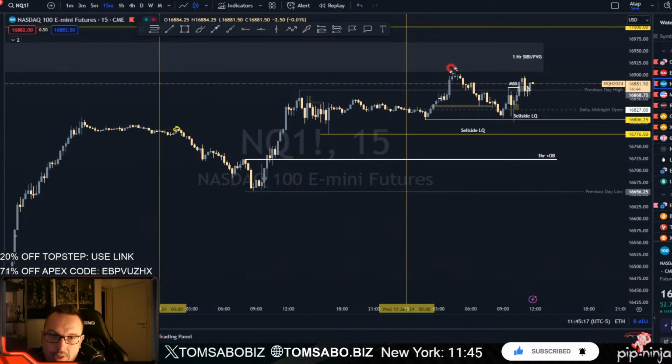Looks good on the 15 minutes so far, but I don't know. Just have to wait for it. Do they want to make a new high? NQ, I mean, ES is fighting for new highs. Let's see if NQ wants to do the same or not.